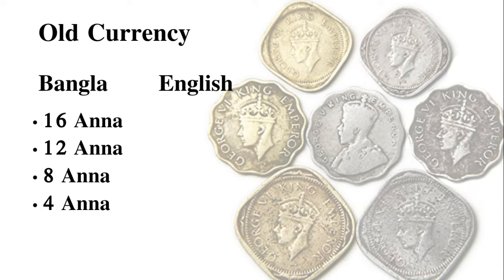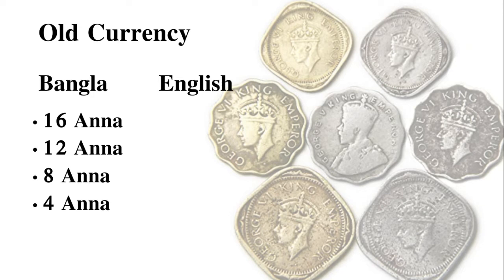Now, since 16 annas equal 1 Indian rupee, there can be any number of annas from 1 to 16. But these four denominations, 16, 12, 8 and 4, you can probably understand that these make up certain percentages.